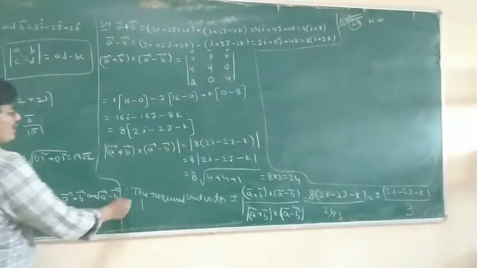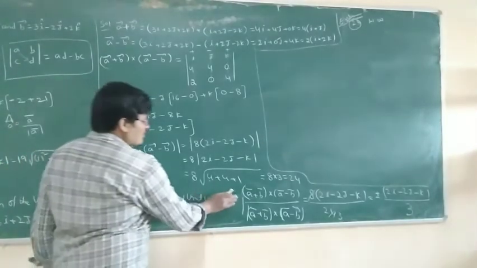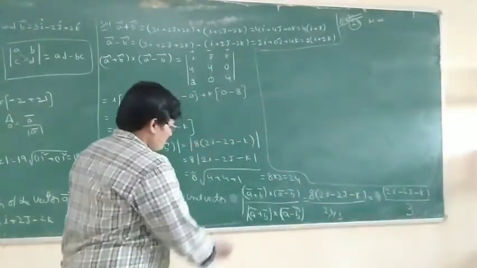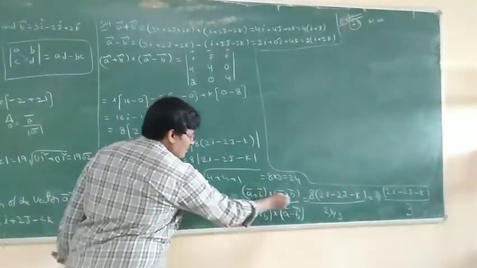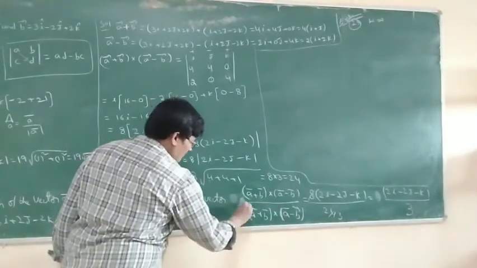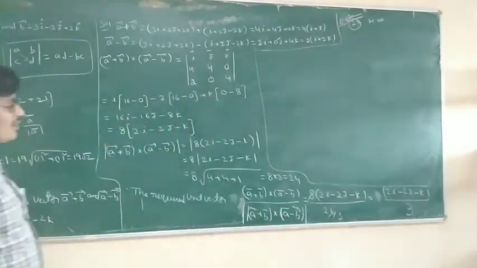So finally, the unit vector perpendicular to the vectors a plus b and a minus b is, so plus or minus is no problem. Okay, formula: first, (a plus b) cross (a minus b) by the modulus of (a plus b) cross (a minus b).